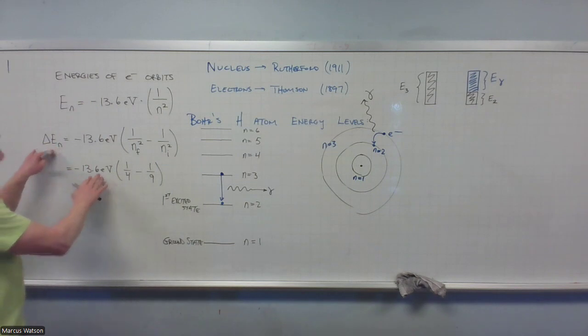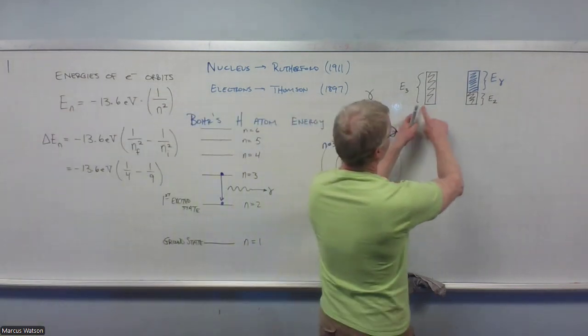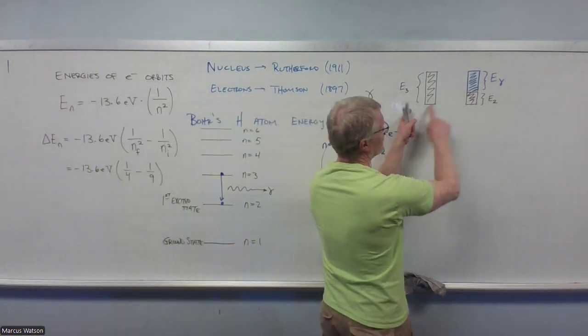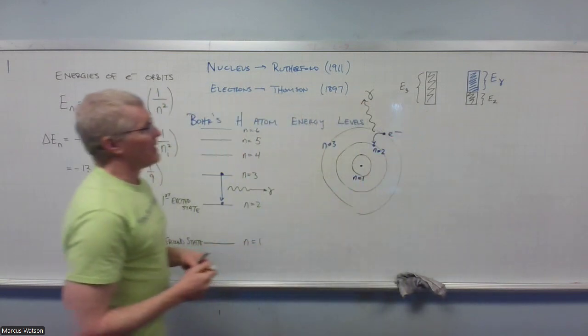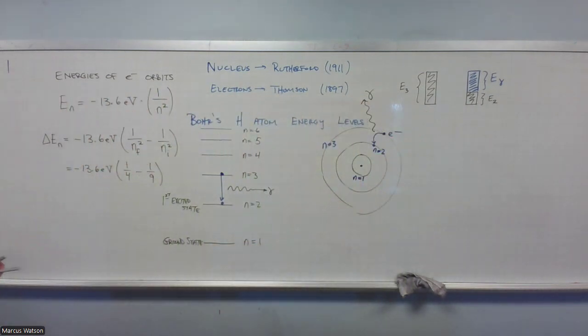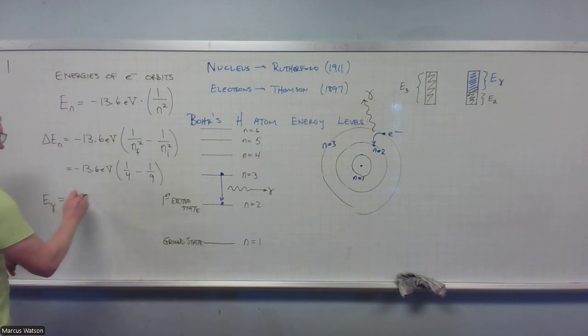Okay, so the difference in these energies, it went from 3 to 2, which means I'm taking this number and subtracting that number. And that means that the leftover E of the photon should be equal to the negative of that difference in energy.